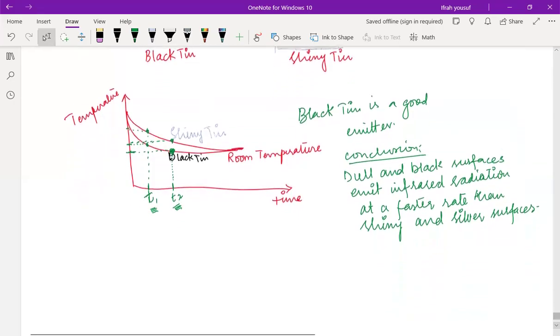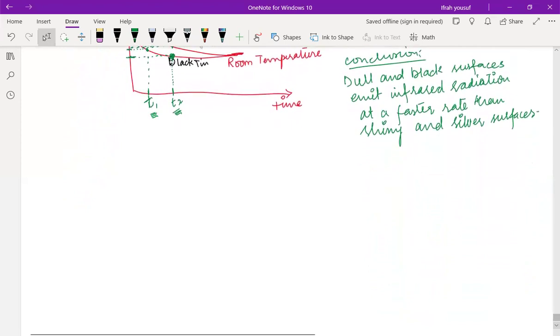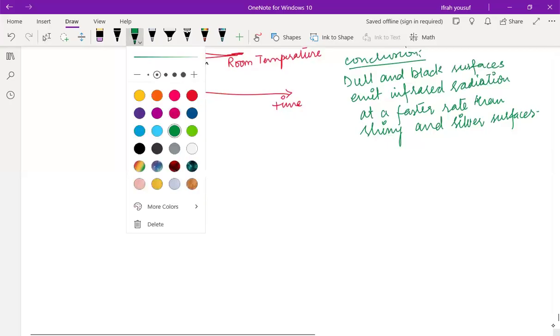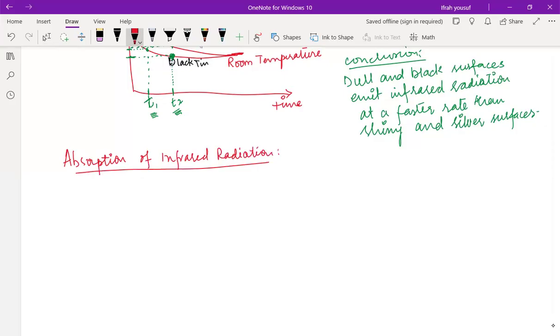All right, now we are going to talk about the absorption of radiation, infrared radiation, right? Absorption of infrared radiation. So our next discussion is around absorption of infrared radiation.